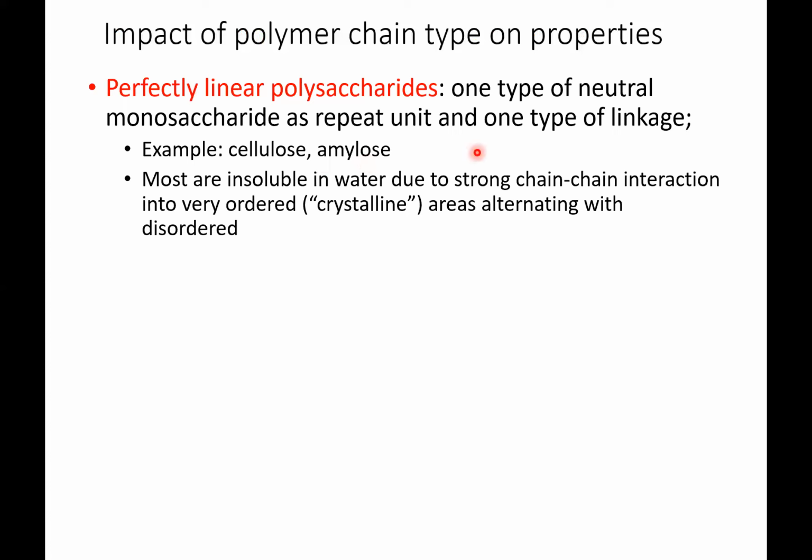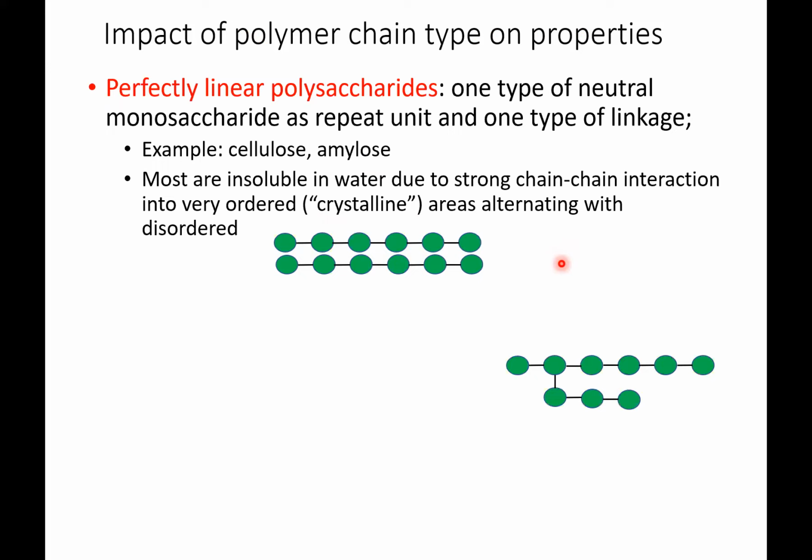They are straight chains and they can form interactions between these chains, and these areas are then basically locked up more or less. Those are the crystalline areas that I mentioned before. They get ordered, they give strength, but they keep water out. So there's no way water can penetrate.